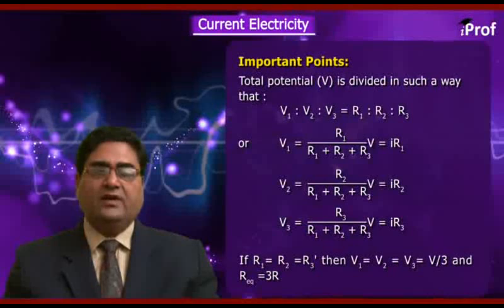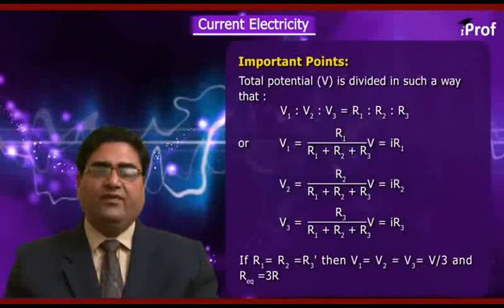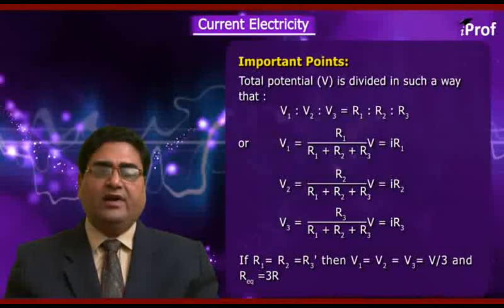If R1 equal to R2 equal to R3, then V1 equal to V2 equal to V3 equal to V upon 3 and R equivalent equal to 3R.